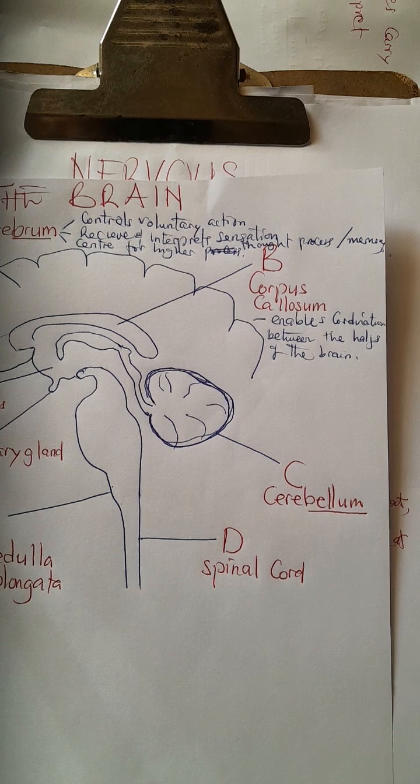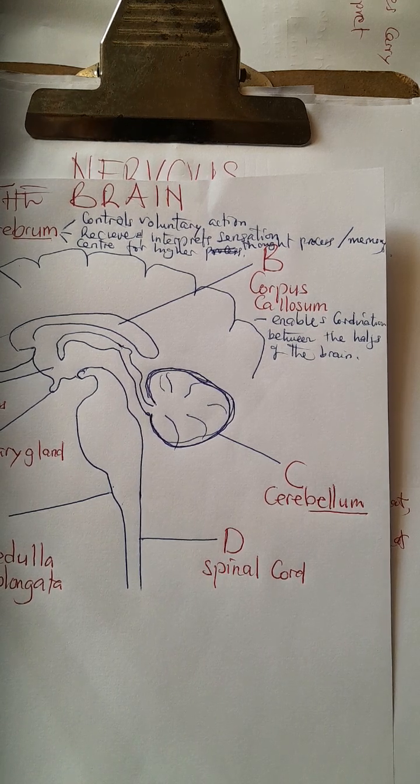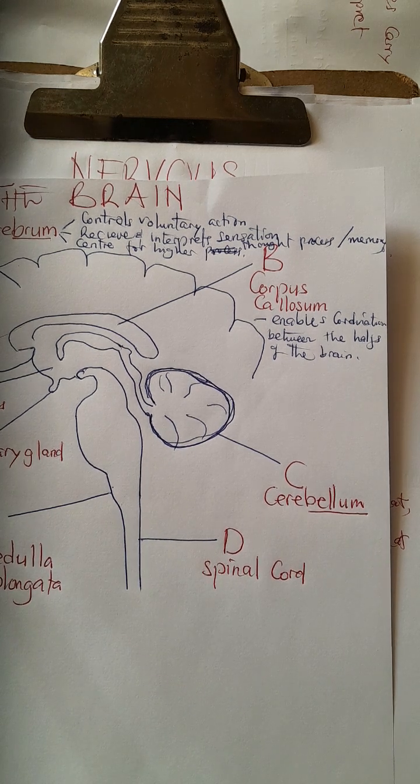What happens with my right leg is controlled by my left hemisphere. So these nerves actually swap sides. The part that controls the left is on the right. So this is all about the corpus callosum.